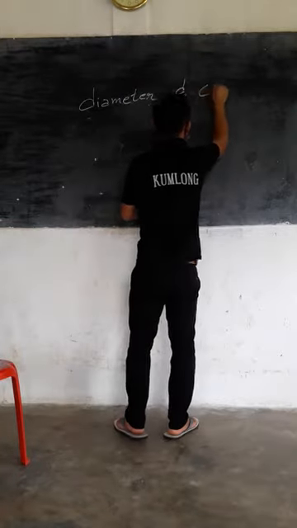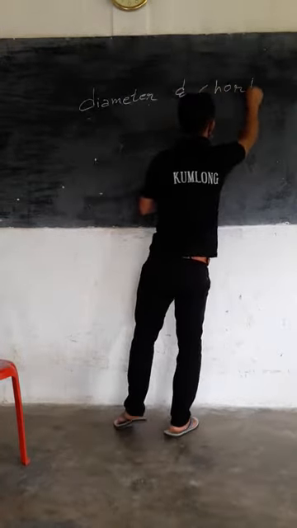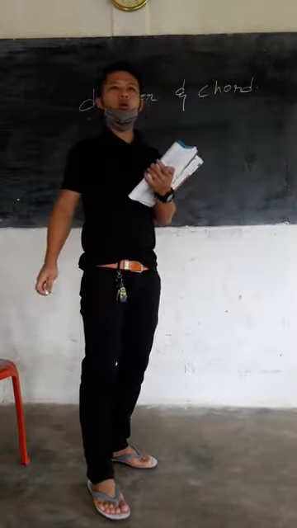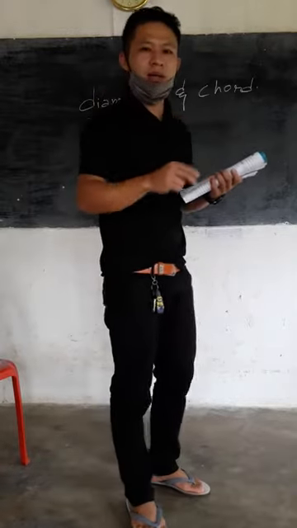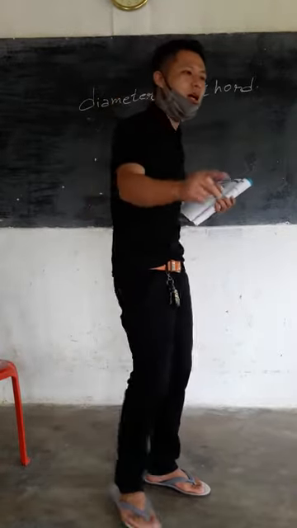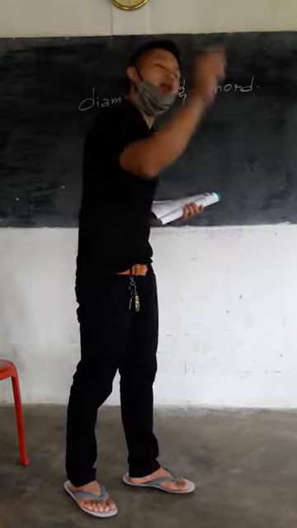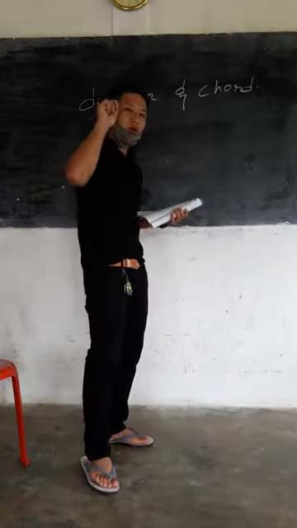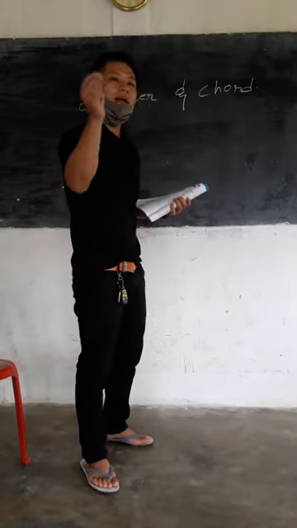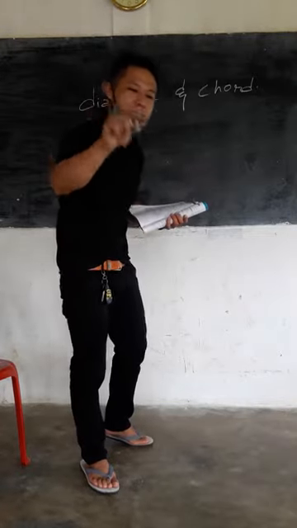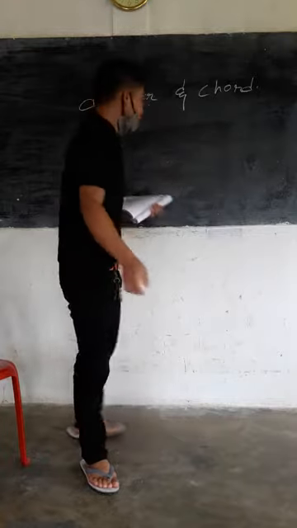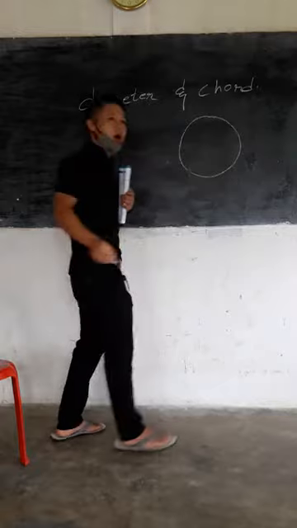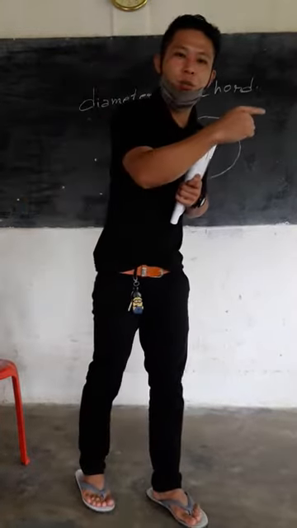Difference between diameter and chord. Diameter and chord are very much similar. Diameter is also known as the longest chord. Remember that. But the difference between the diameter and the chord is that the diameter passes through the center point.